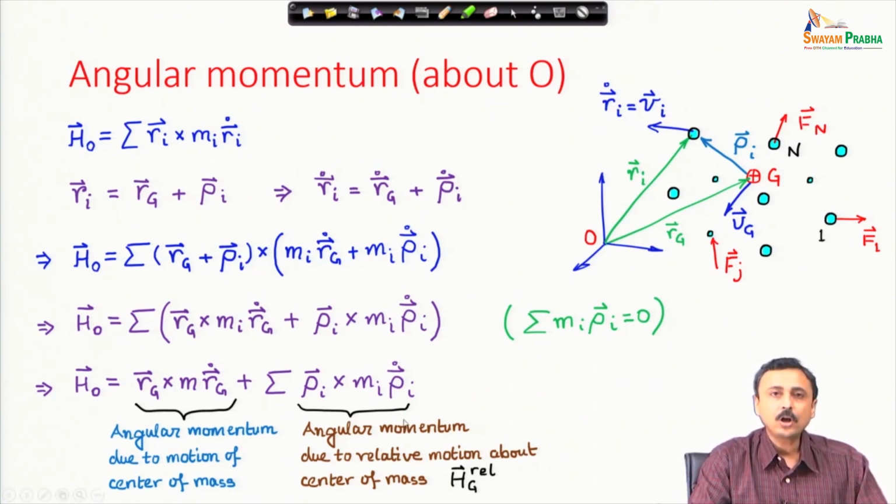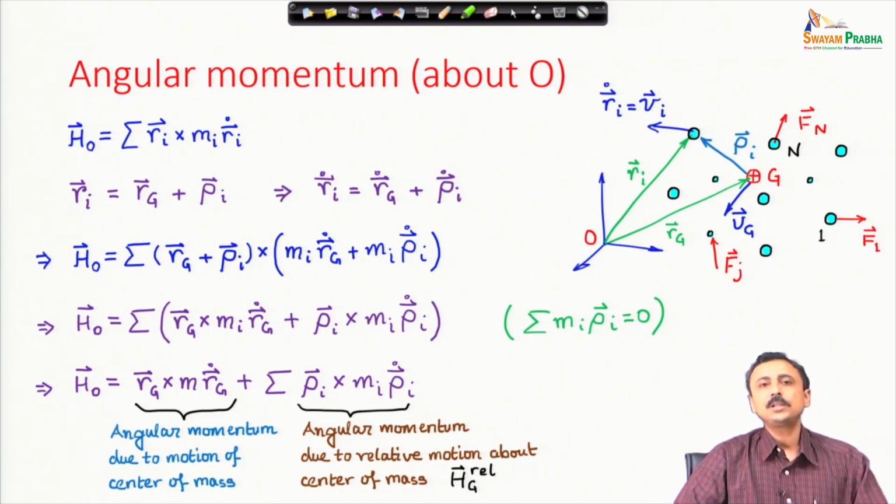because m I rho I dot is the relative linear momentum of the ith particle with respect to the center of mass, and rho I cross m I rho I dot gives you the moment of that relative linear momentum. Therefore, this is denoted by h g rel, the angular momentum of the system relative to the center of mass.